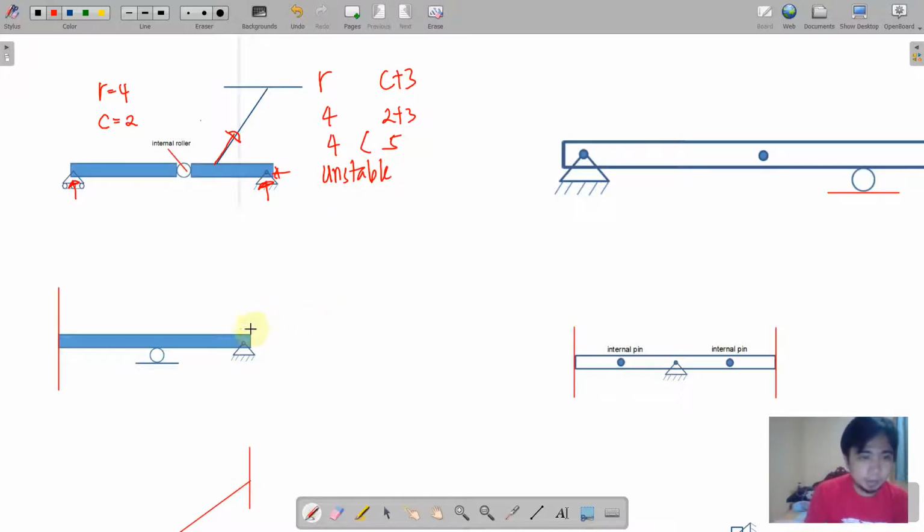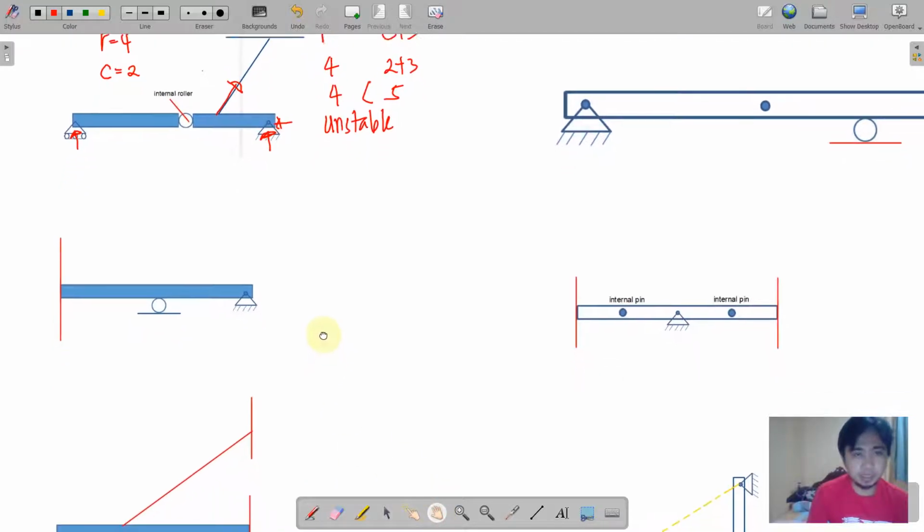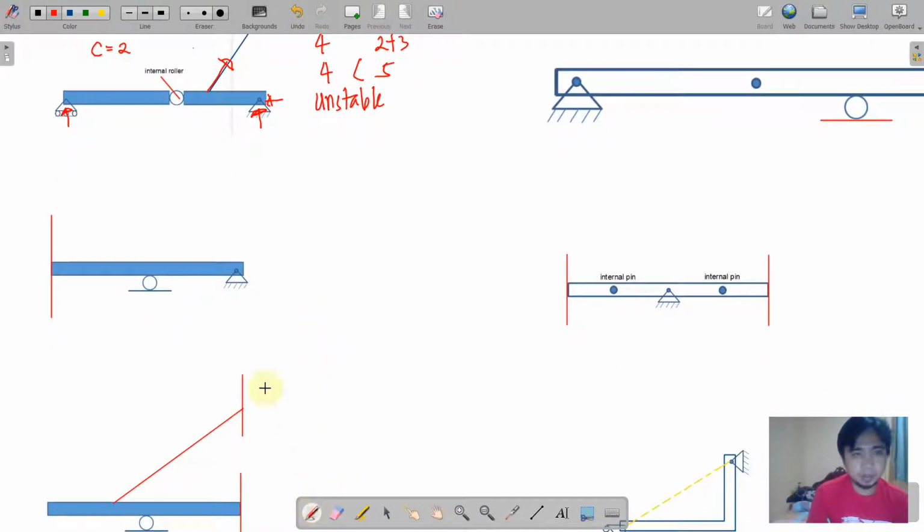So next, we have here a prop beam, and then on the edge it is supported by a hinge. Similarly, we will count the reaction and compare it to C plus 3. In this fixed connection, there is a vertical, horizontal, and a couple. For this one, we have 1, and for the hinge, we have 2. So therefore, 3, 4, 5, 6. The count of reaction is 6.